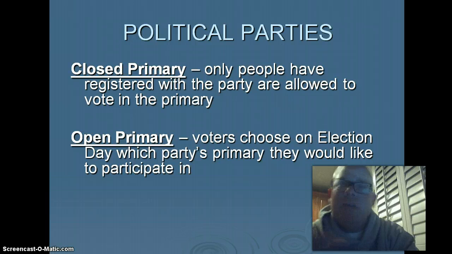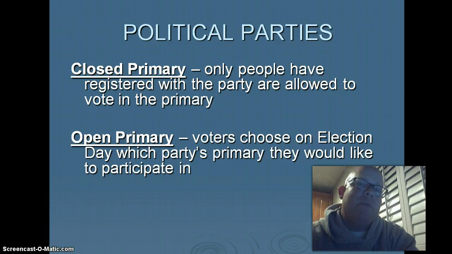Or you could choose to vote in the Democratic primary and make a decision between Obama or Hillary. Here in Virginia, since we're an open primary, you could choose. In Pennsylvania, and like most states that have closed primaries, you have to be registered with a particular party. So on your voter registration card, it says Republican, Democrat, or Independent. All right, and you have to vote in whichever primary you've identified with.